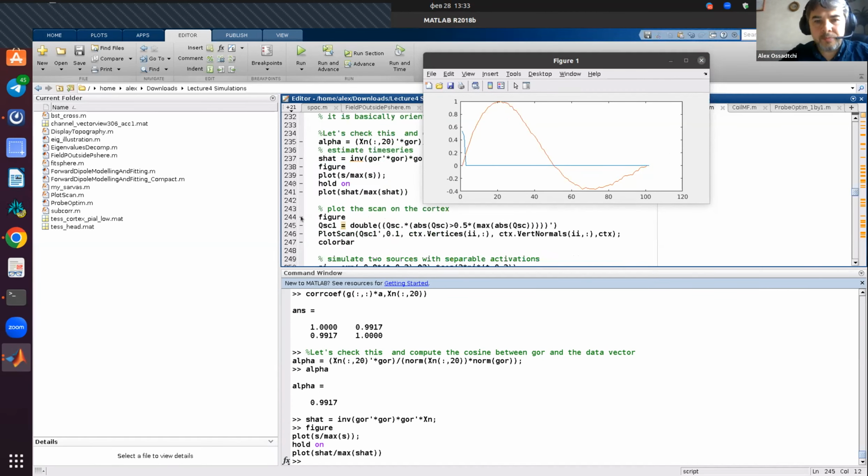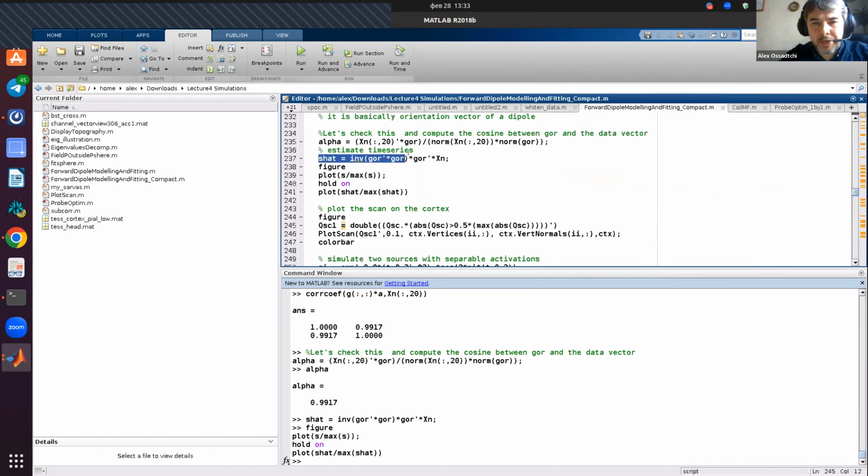Now, we just asked the program to find the time series. We use this expression to find the time series, but essentially we just took the data and projected the data on the topography of our source, which is G times the data. That gave us the time series, but the topography has to be normalized.